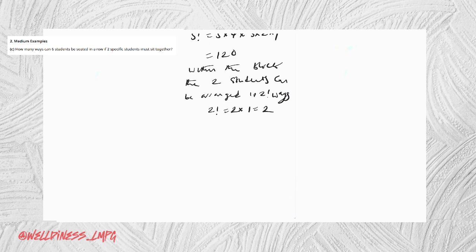So since the ways the 2 students can sit is 2, and we have gotten the blocks as 5 factorial, which is 120, the total arrangement is going to be 5 factorial times 2 factorial, which will give you 120 times 2. And 120 times 2 will give you 240. So that means there are 240 ways.